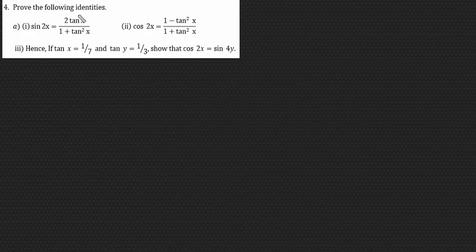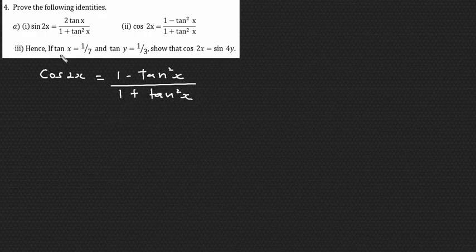Using what we have above, we should show that this is equal to this. Now, cos 2x equals 1 minus tan squared x over 1 plus tan squared x.